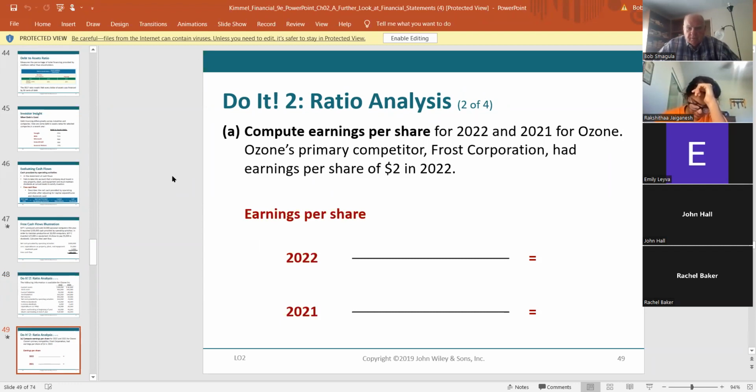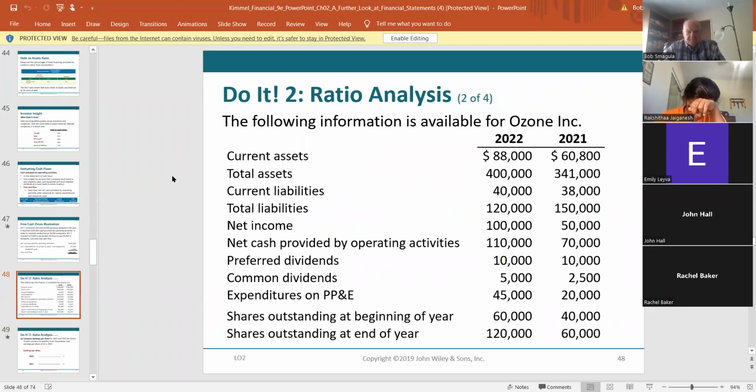Earnings per share. The word per means divided by. Earnings divided by the average outstanding shares. So let's see what we have here. Let's see if we can find their net income. Their net income for 2022 was $100,000, right?